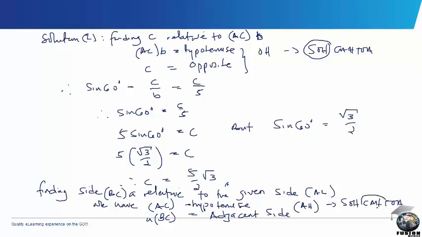Okay, we can pick the CAH out of this, and so we can find that by saying therefore cos of 60 degrees is equal to BC, which is also A, over AC. Alright, and so we can write this as BC over 5.